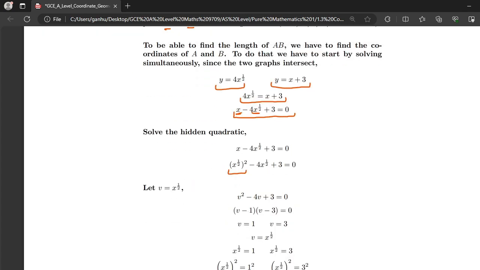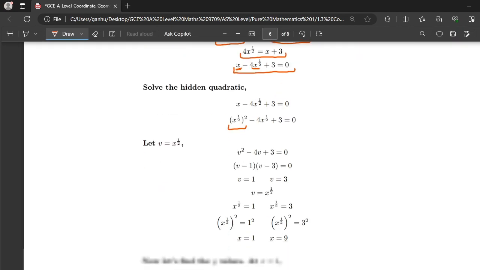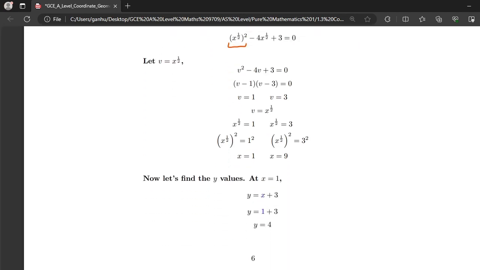If you don't know how to solve hidden quadratics, I have a video on how to solve them. The video should pop up in the top right, and I'll also leave a link down below in the description.